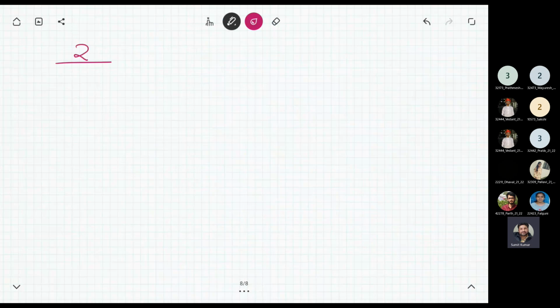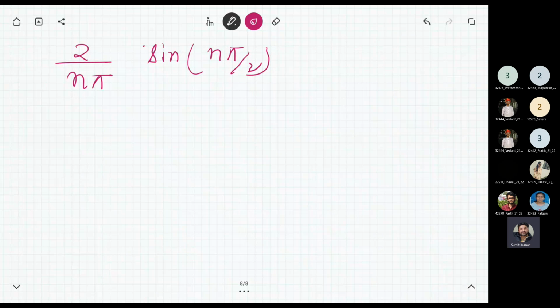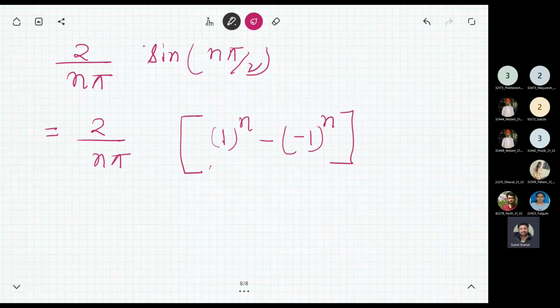So we will have 2 by n pi, and we will have sine of n pi by 2, and sine of n pi by 2 is basically equal to 1 when n is odd and 0 when n is even. So we need to find a function that is 1 when n is odd and 0 when n is even. So we have such a function: 2 by n pi, and I can write it like this, 1 to the power n minus minus 1 to the power n, and this whole thing divided by 2.